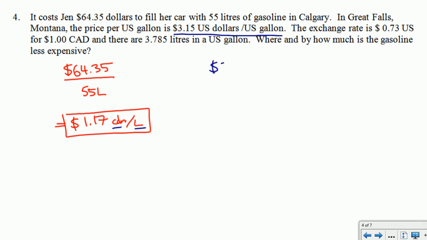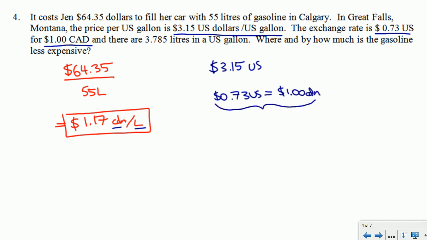So first we can start by converting $3.15 US into Canadian dollars. And knowing this exchange rate, we can figure it out. So we can start by writing 73 cents US is equal to $1 Canadian. And the trick is we need to arrange these into a fraction so we can cancel the US dollars.